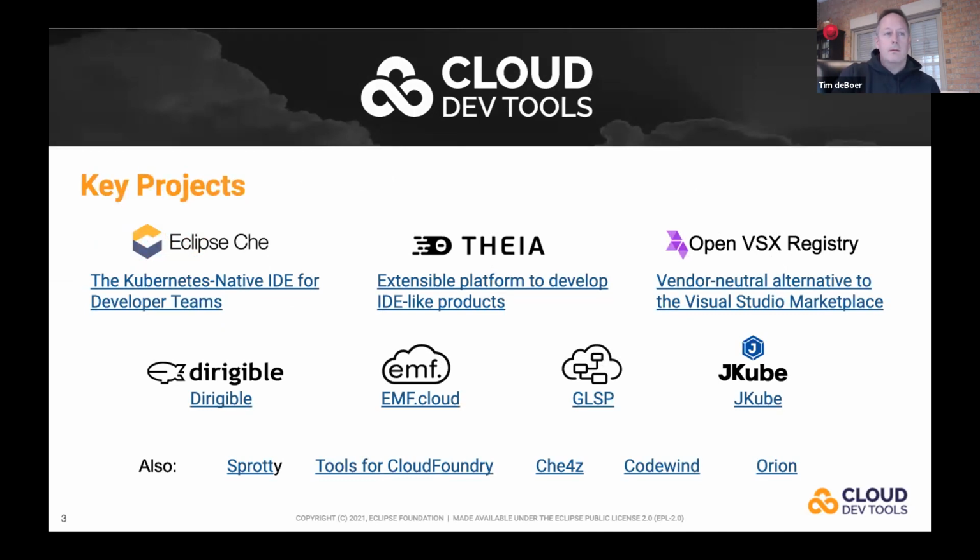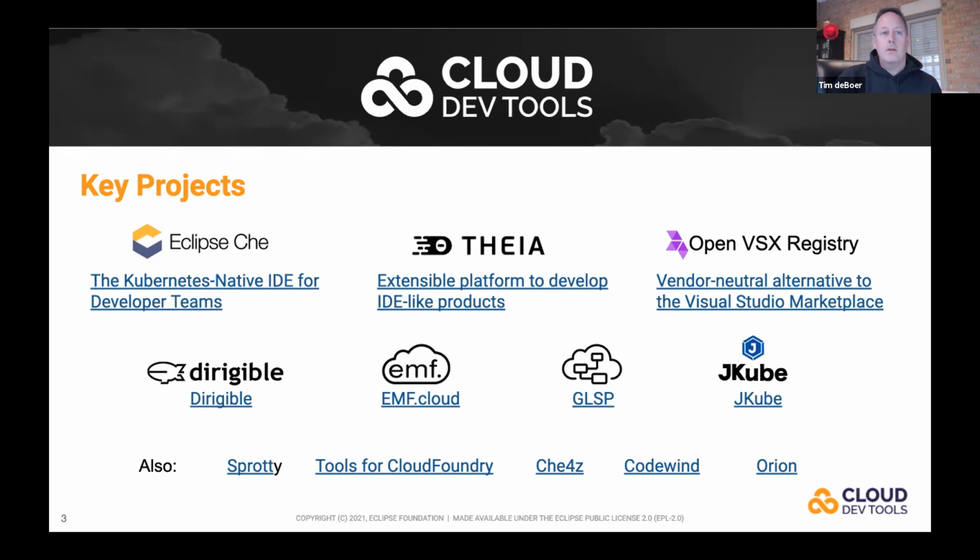There are many individual projects that are part of the Eclipse Cloud DevTools top-level project. Some of the biggest ones that we'll hear about today are Theia, which is an extensible IDE platform; Eclipse Che, bringing the IDE to Kubernetes, having developer workspaces in the cloud; and the OpenVSX registry, a vendor-neutral marketplace for IDE extensions.